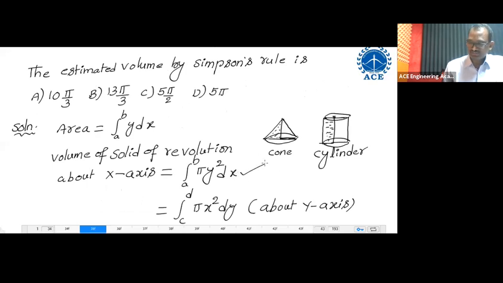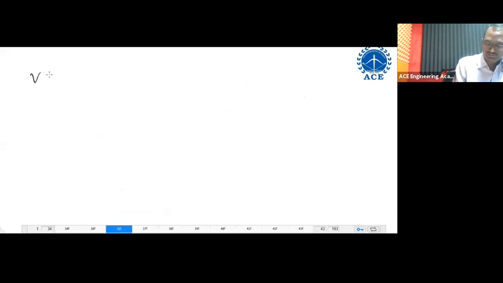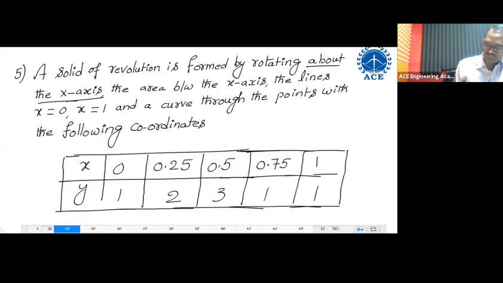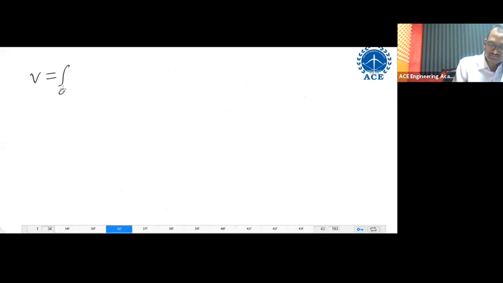So this formula is valid. Write down the volume formula, integral a to b. A means lower limit 0, b means upper limit 1. Pi y square dx, pi into integral 0 to 1 y square dx.